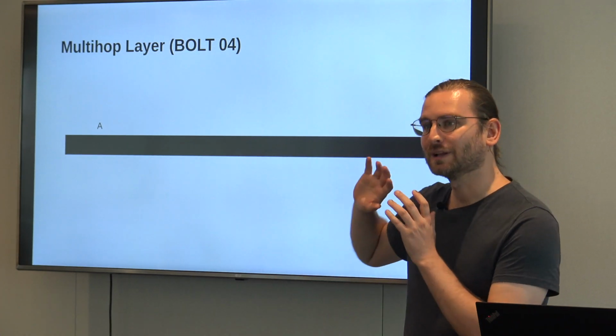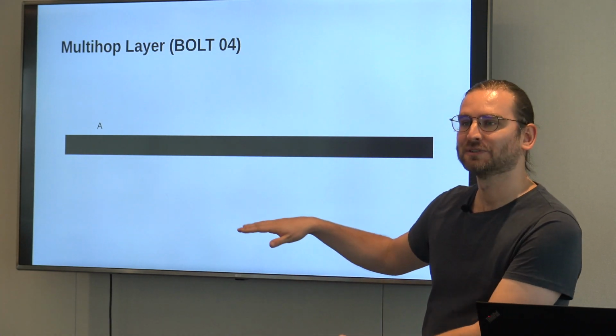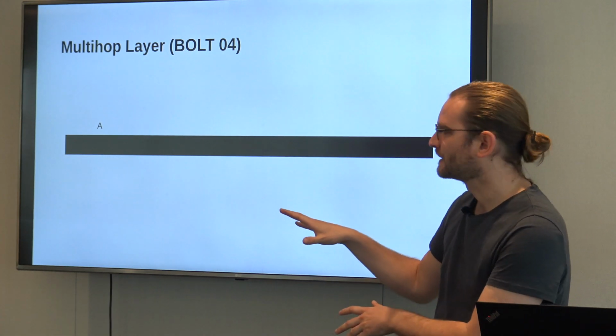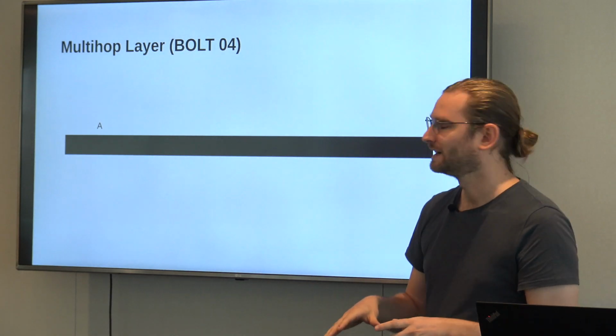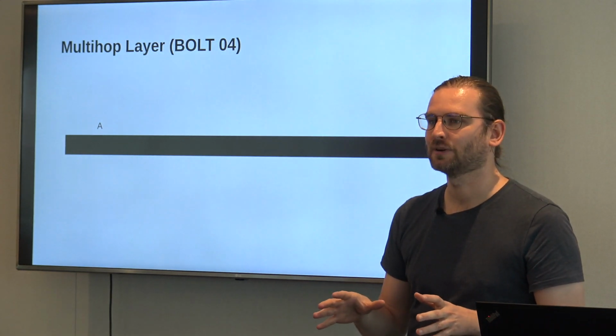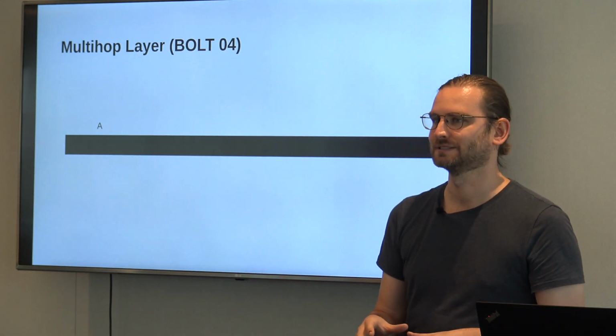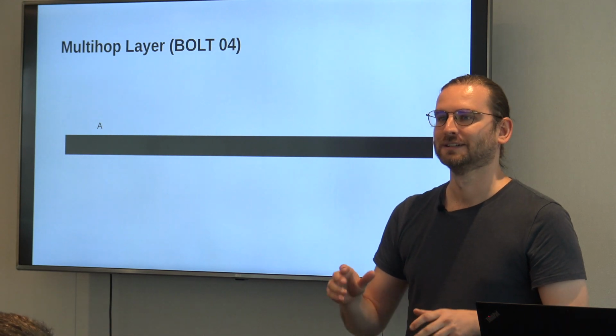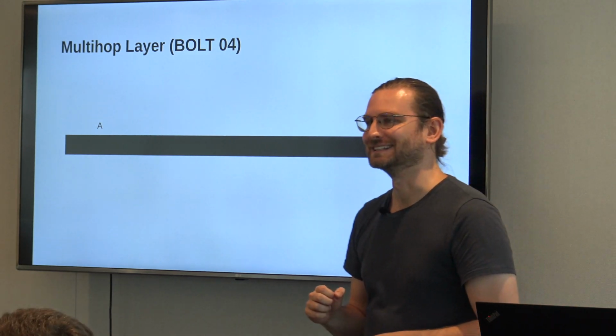We will have loads of these tomorrow afternoon, but this is the simple case, and I'll quickly step through. Who here knows how onion routing works? Perfect. I could have skipped that slide.